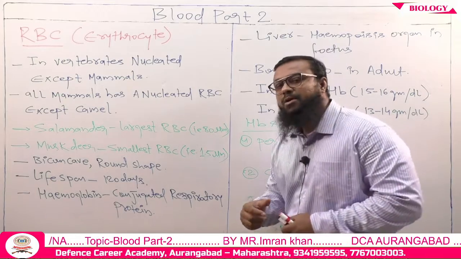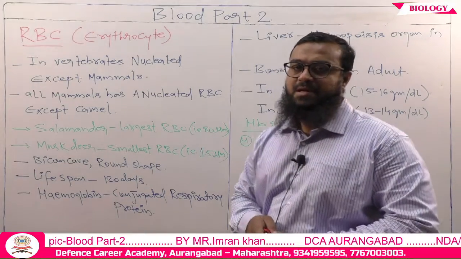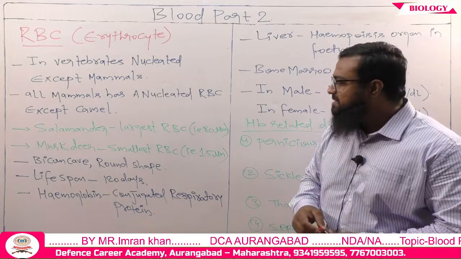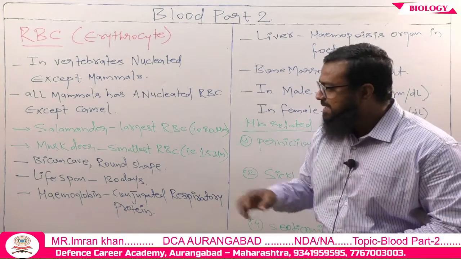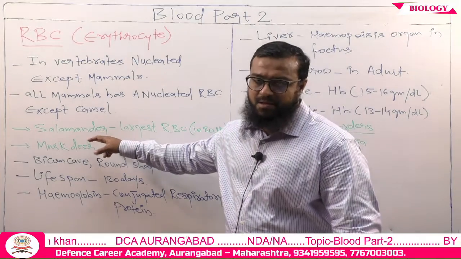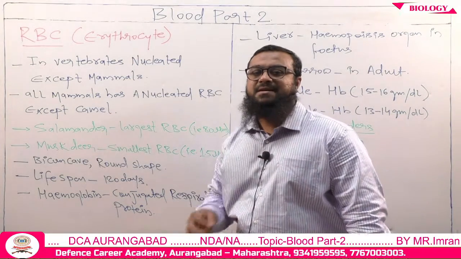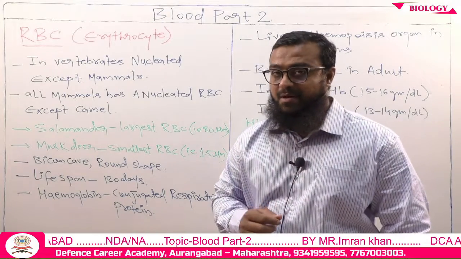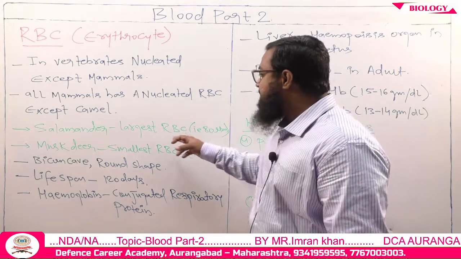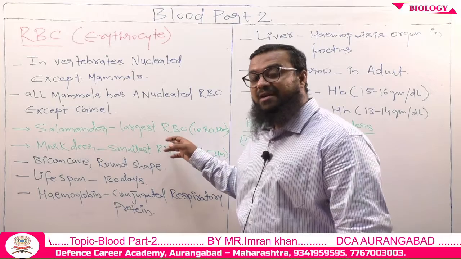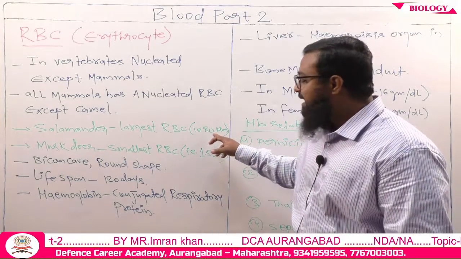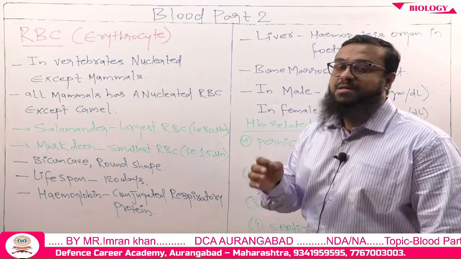So, what about the size of RBCs? As we all know, the largest RBCs are present in salamander. The salamander comes under amphibians. Salamander has the largest size of RBCs, with an 80 micrometer diameter.